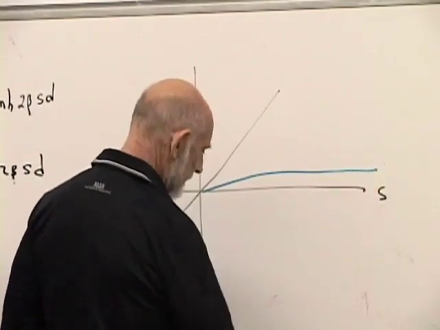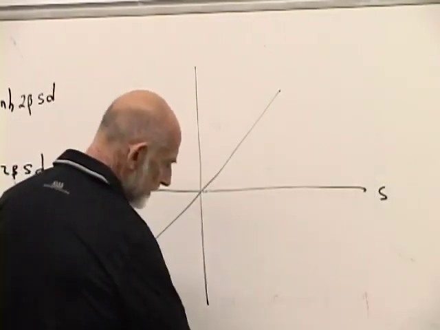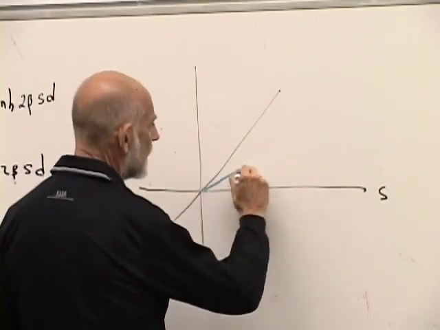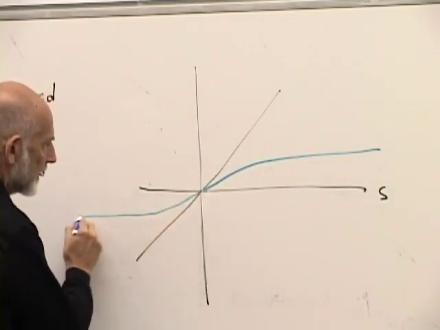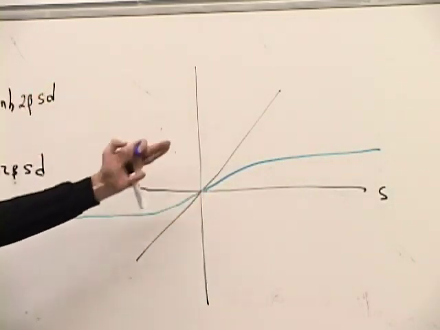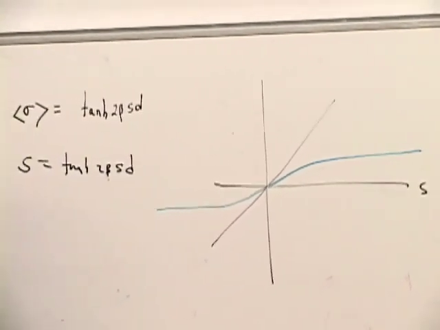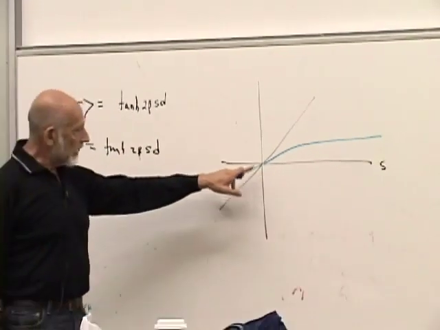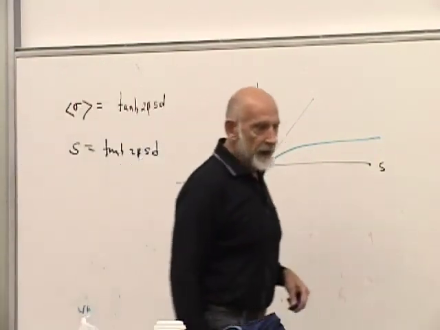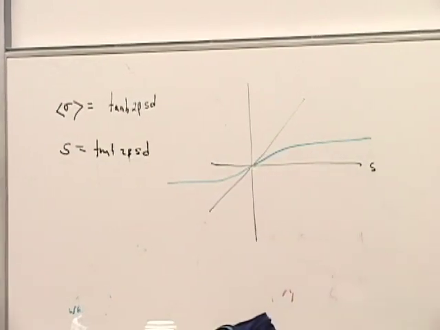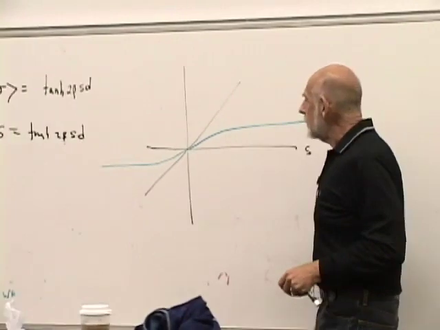It's very flat. It asymptotes to 1. It's linear at the origin here, but the slope is less than the slope of this straight line over here. And so there's no intersection of this blue curve with the black curve other than the origin. And that means the only solution to this problem is that S equals 0.